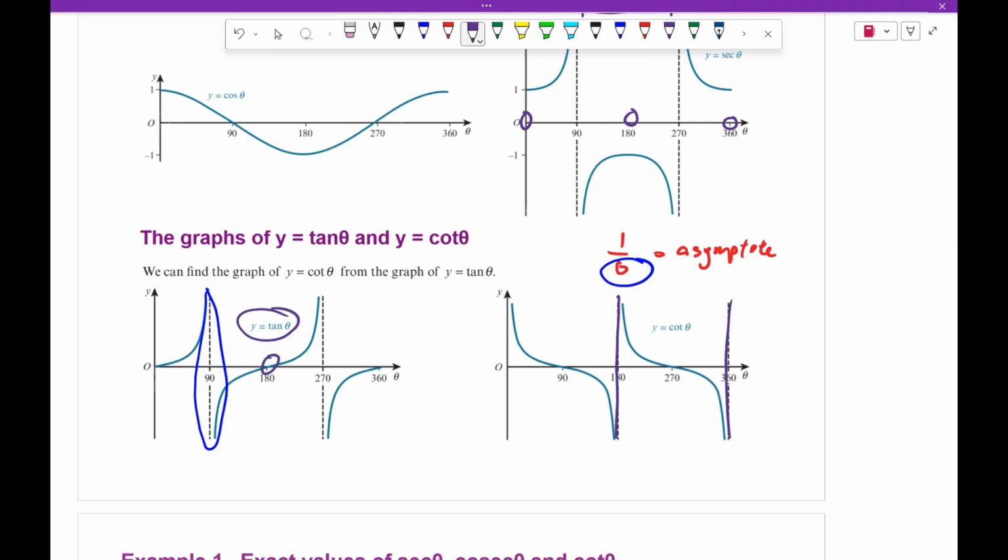So similarly, 在我们的 cot 这里 without dilation, that's also a 180 for an asymptote. Okay, it's just that 我们这里是 reflected, okay, for the results.